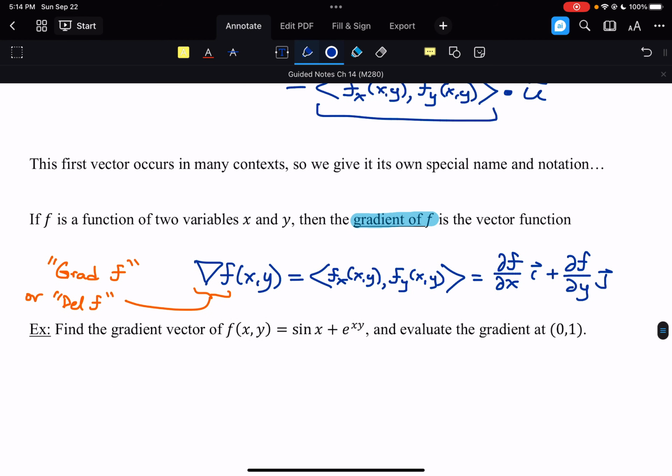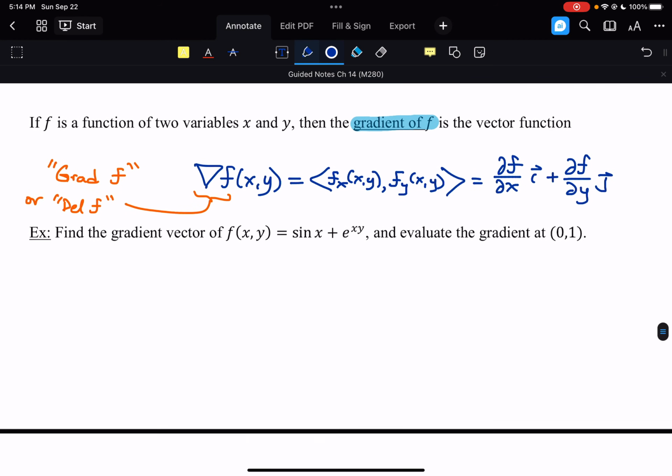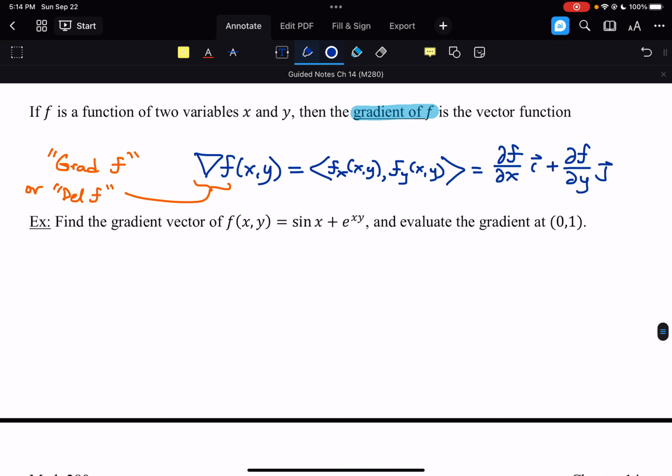So let's try an example. Find the gradient vector for this function and evaluate it at the point 0, 1. So the gradient, grad f of xy, is a vector, and the gradient isn't really asking us to do anything new or different. It's just asking us to take the same partial derivatives we've been doing for several sections now and put them into the components of a vector.